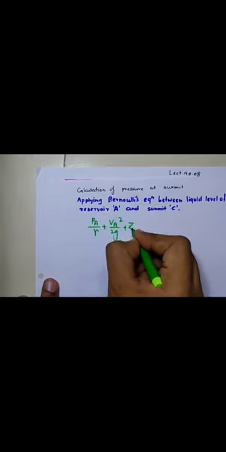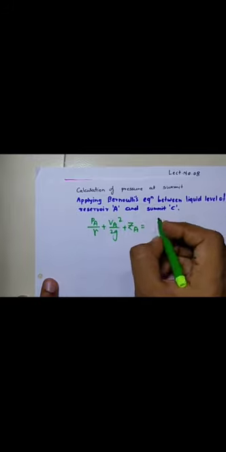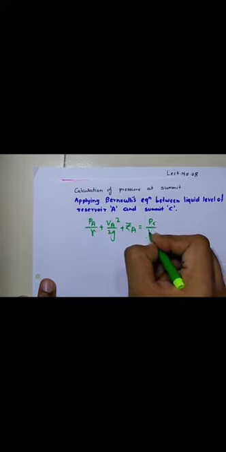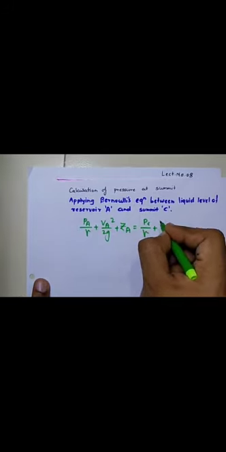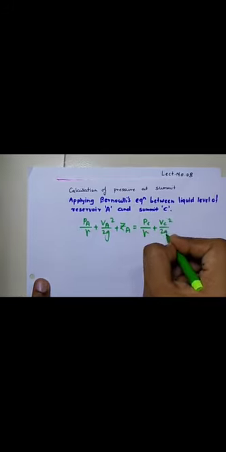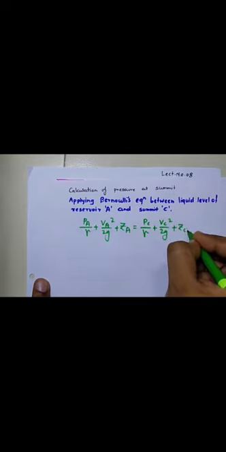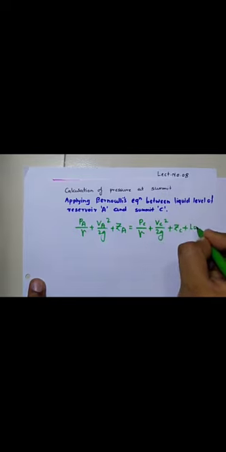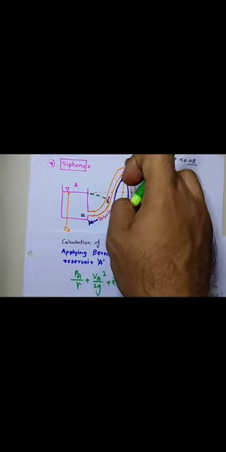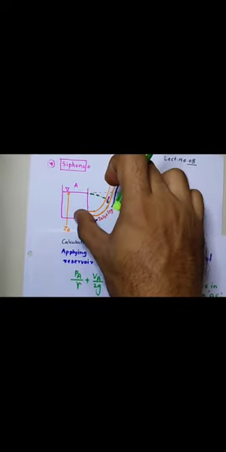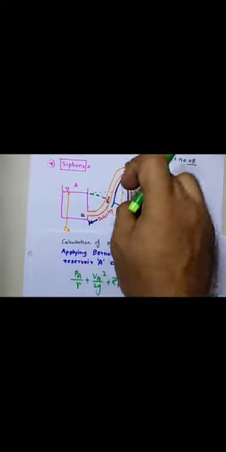Pa by gamma plus Va square upon 2G plus ZA is equal to PC by gamma plus VC square upon 2G plus ZC plus losses in portion A to C. Now remember, here we are applying Bernoulli's equation about reservoir A and summit C, so we have to observe losses in the portion A to C only.